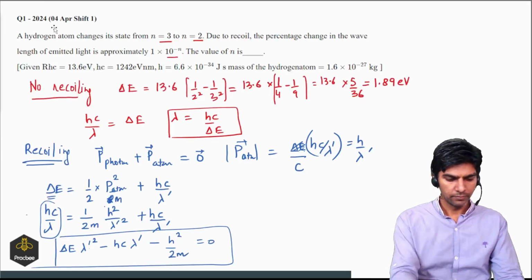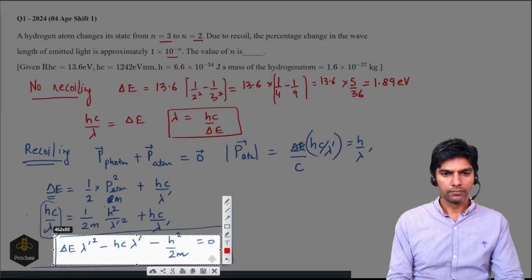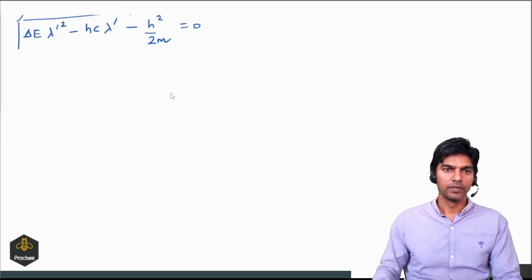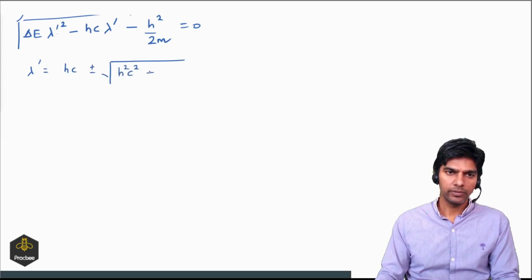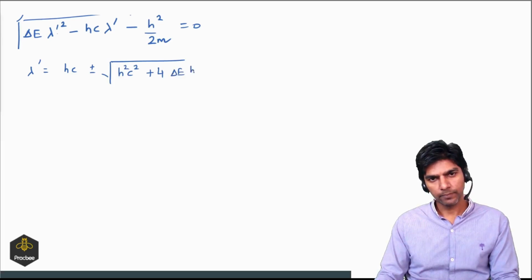So let me write it here. So delta E, so lambda prime will be what? It will be minus b plus minus root b square, which will be h square c square plus 4 times ac, and a is delta E, c is h square by 2m.